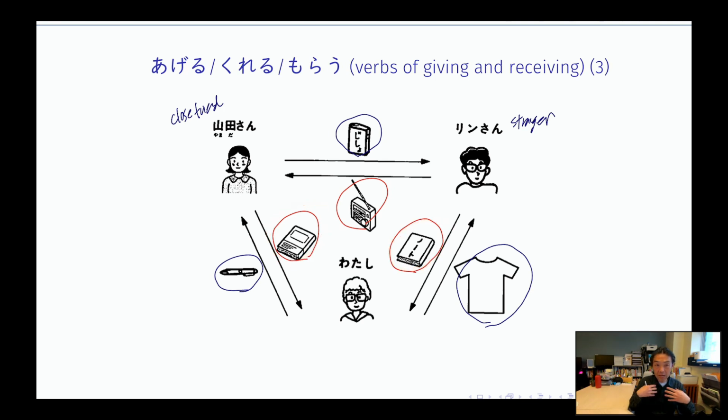So anything you get is coming inward. Or sometimes someone outside of the group gives something to in group, such as this one. That also represents inward giving, right? So then we use くれる. It's a little confusing, but that's the difference between ageru and くれる.